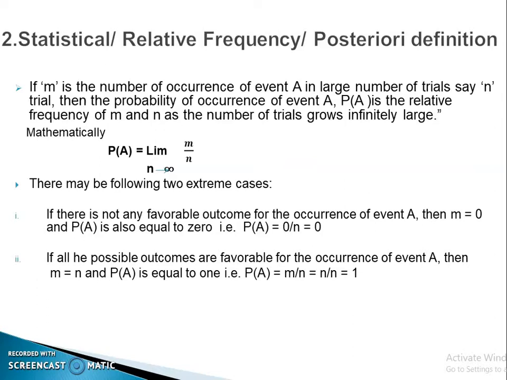Mathematically, probability of A equals the limit as n tends to infinity of m over n. Of course, we cannot observe an infinitely large number of trials. This theoretical constraint is interpreted to mean that as n becomes larger, the relative frequency becomes stable.